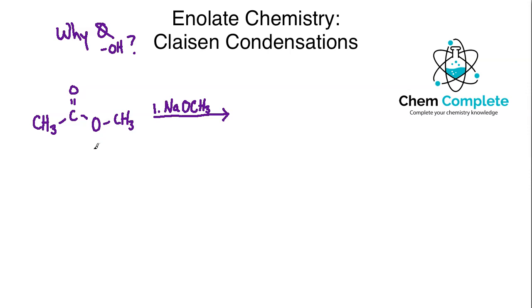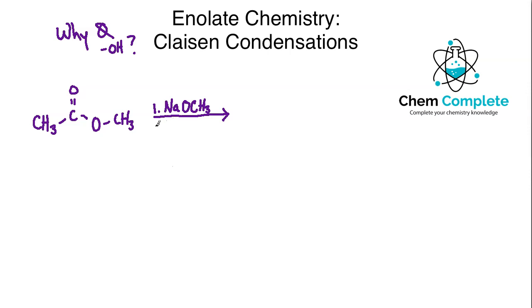So saponification is the process by which the hydroxide would attack the carbonyl, the OCH3 group would leave, and you would end up through an additional acidic workup making a carboxylic acid and cleaving that ester functionality, and that is not what we're looking to do in the Claisen. And so by using this methoxide ion as the base instead of hydroxide, we're able to avoid any type of saponification reaction or cross reaction that might occur.